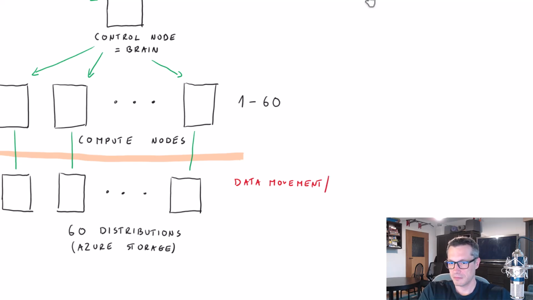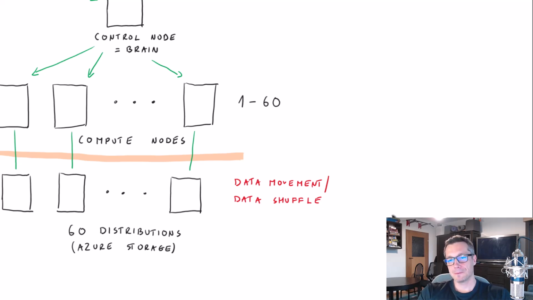The same stuff simply means dragging the data from one distribution to a different compute node. And basically, if your query executed on dedicated SQL pool is painfully slow, then the usual suspect is data movement, because your data is not stored in the optimal way.